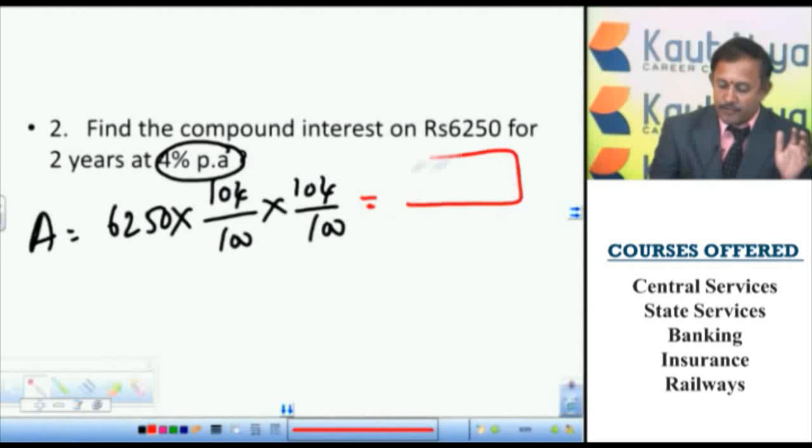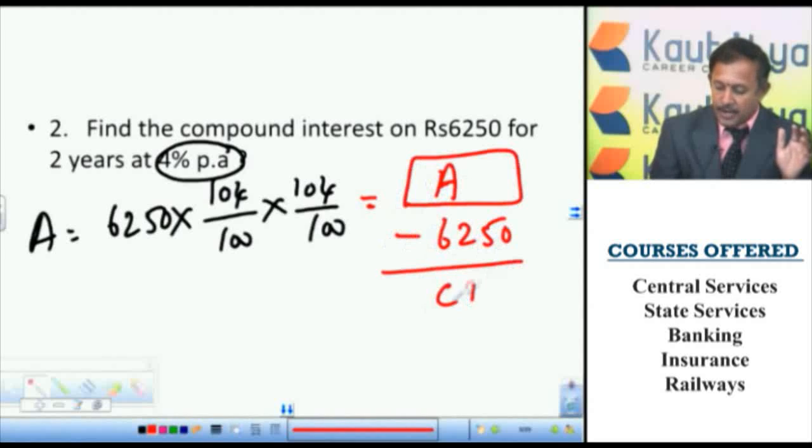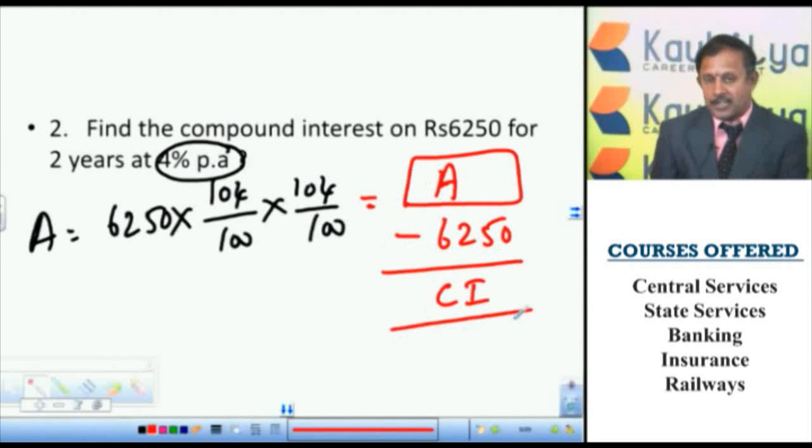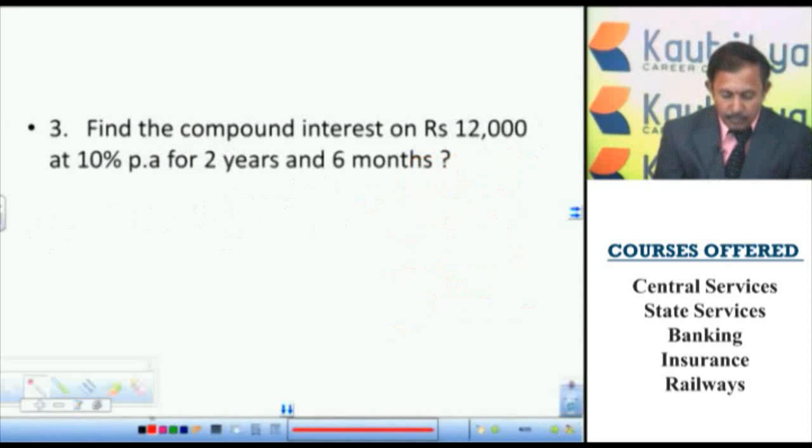First of all you have to find out the final amount, that amount minus 6,250, that gives the compound interest. So only thing is you have to go through the calculation part in your free time.